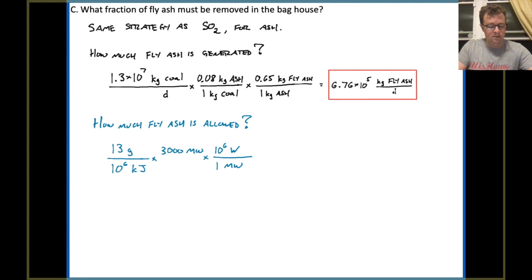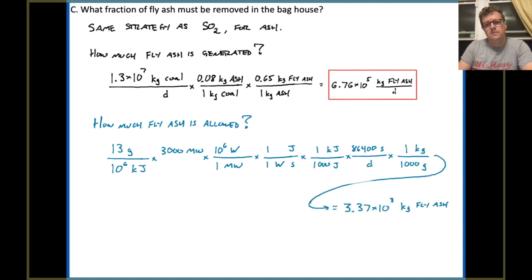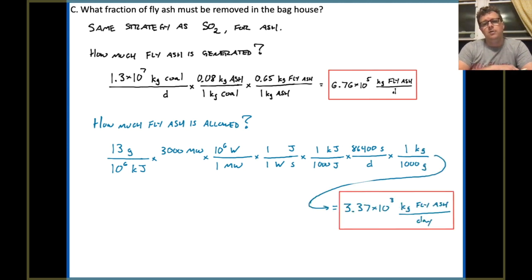Again, we can convert megawatts to watts, watts into joules per second, joules into kilojoules, seconds into days, and grams into kilograms. Very similarly to what we did for sulfur dioxide, we see what our permit actually allows us to release out the stack. In this case, it's about 3.4 times 10 to the 3rd kilograms of fly ash each day.